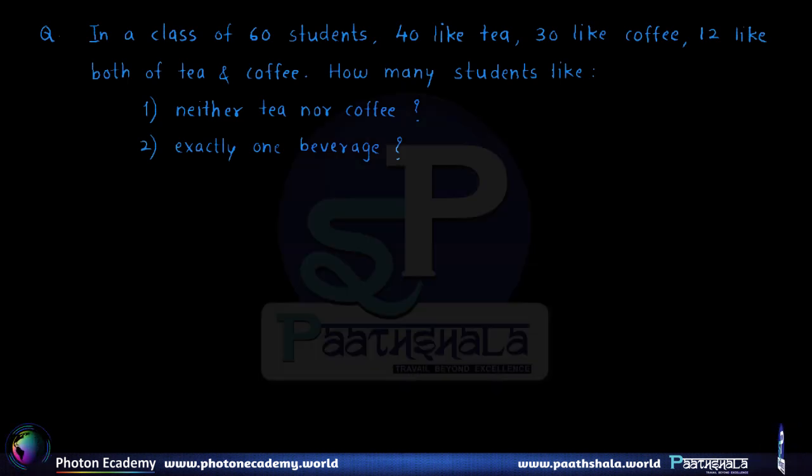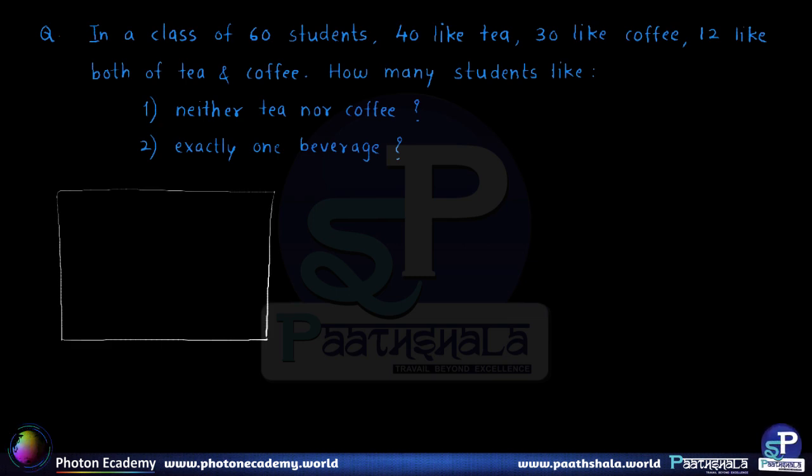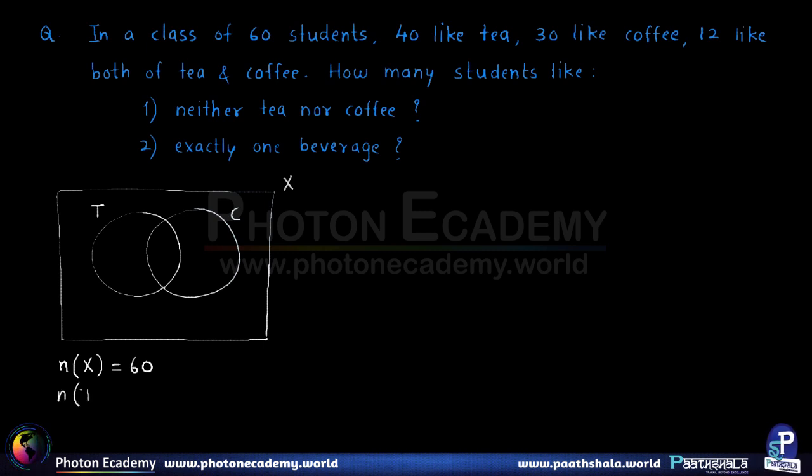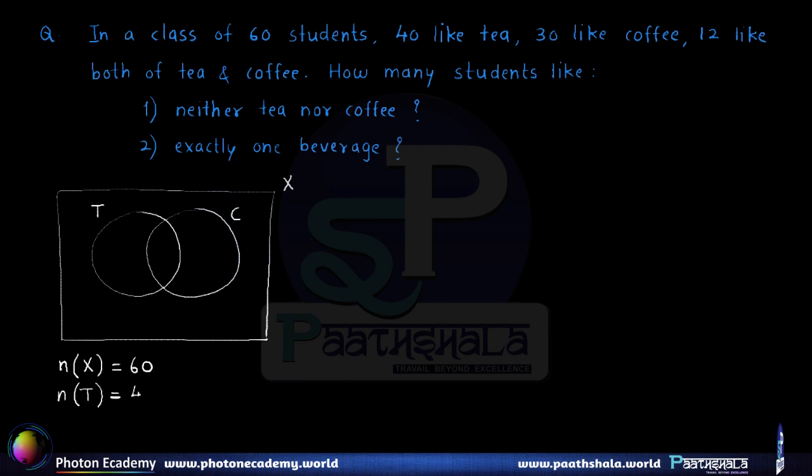Okay. So let us denote the given data by a Venn diagram. So here we have X. Now n of X is nothing but 60, isn't it? Now let's denote the set of students who like tea by this particular region, say T, and the another region which indicates C, that is coffee. So we are given that n of T is equal to 40.